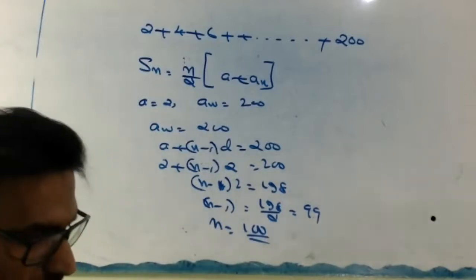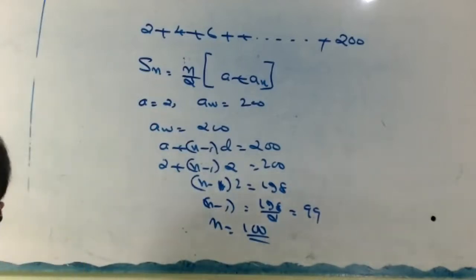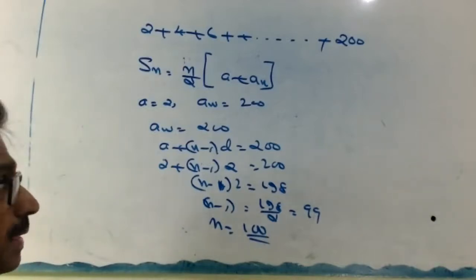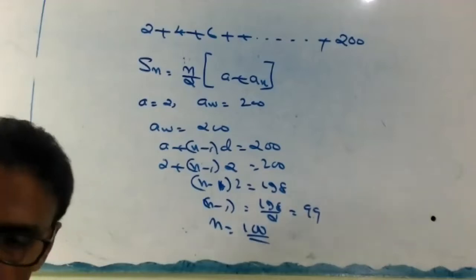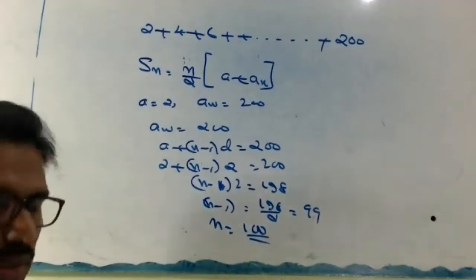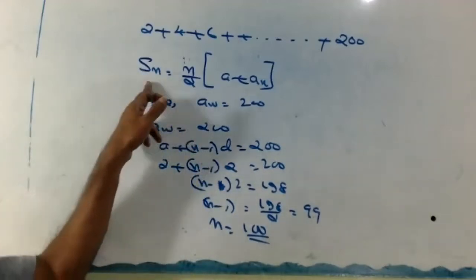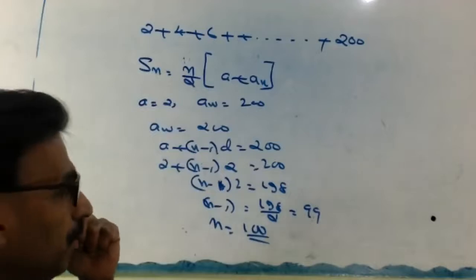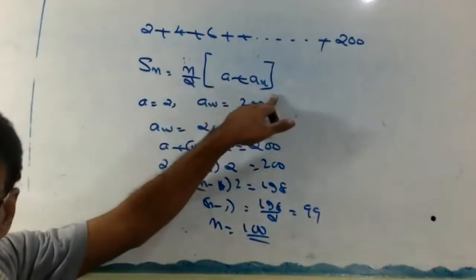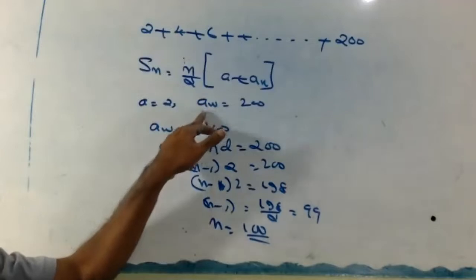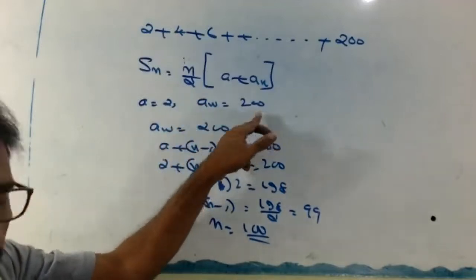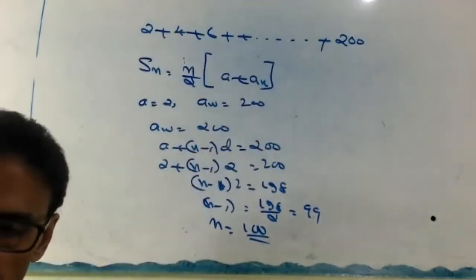The question is find the sum of 2 plus 4 plus 6 plus etc plus 200. Then we apply Sn equal to n by 2 into a plus an. A is 2, an is 200. The missing part is n.